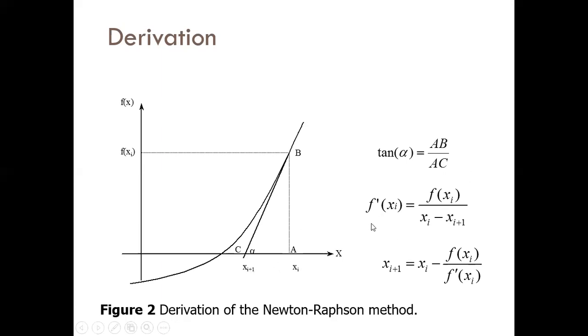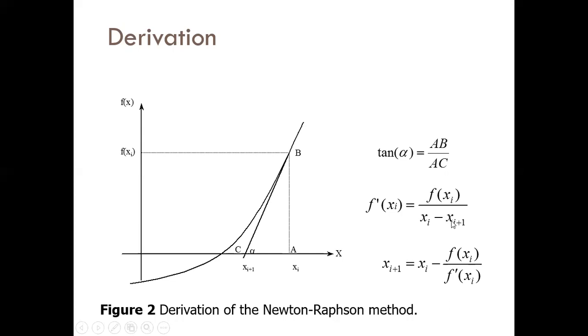And we will find xi plus 1 by rearranging this formula. Taking xi plus 1 to the left side, f of xi divided by f dash of xi is equal to xi minus xi plus 1.